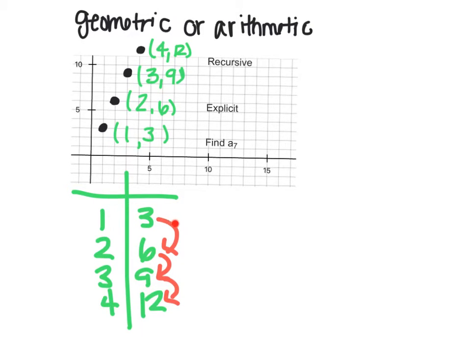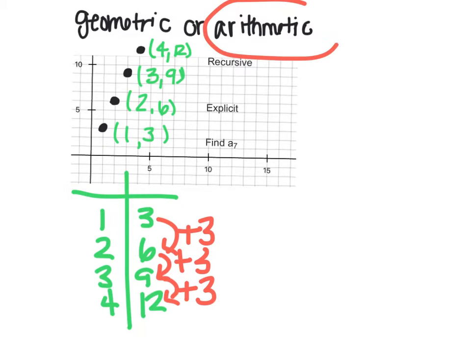I know that 3 times 2 is 6. 6 times 2, though, isn't 12, so that's not going to work. But 3 plus 3 is 6, and 6 plus 3 is 9, and 9 plus 3 is 12. So that tells me that this is an arithmetic sequence. It also tells me that our common difference is going to be 3.